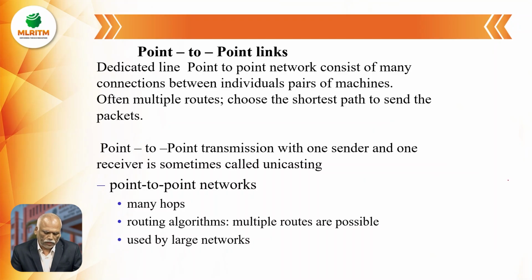In point-to-point networks there are many hops, so routing algorithms are used by large networks. A routing algorithm is a program used to select the efficient, effective path between the source and destination. That is point-to-point.